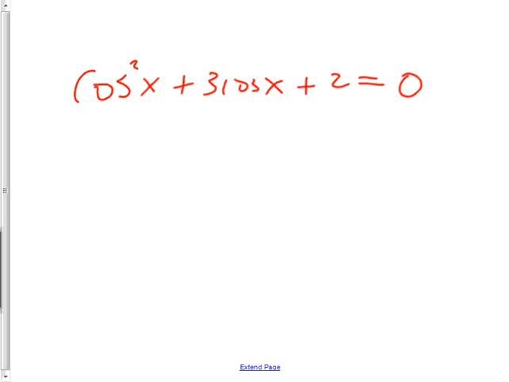Make sure you know how to factor that. If you need to, you can simplify it down to just x squared plus 3x plus 2 and factor that. Because it's kind of like that.